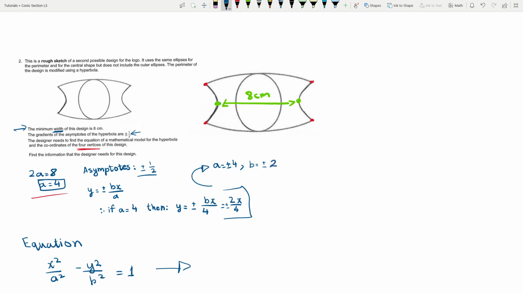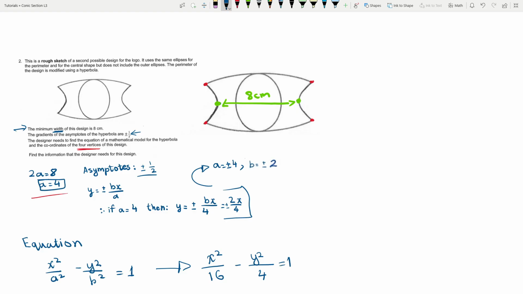So therefore, this should equal x squared over 16 minus y squared over 4. That's the equation, right?